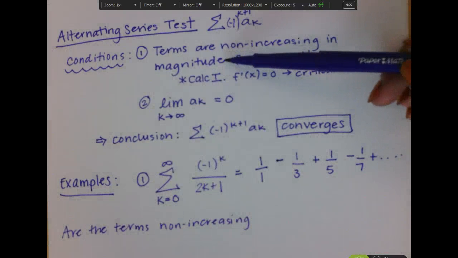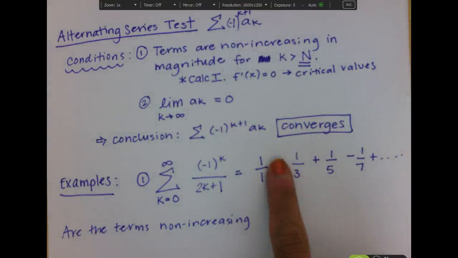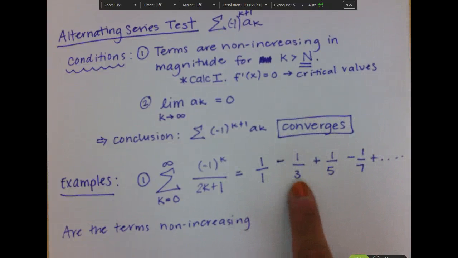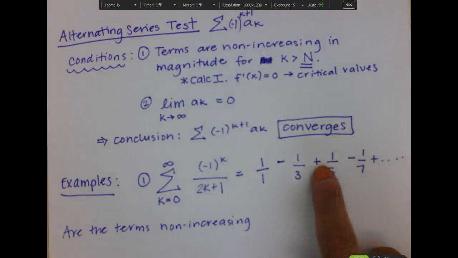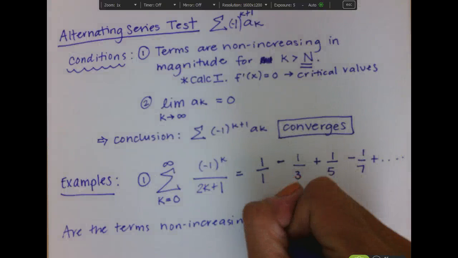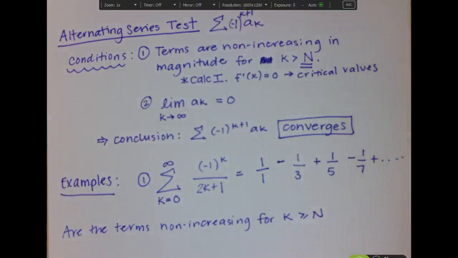The magnitude piece here just refers to the absolute value of each term. So in other words, we're not talking about whether this is positive or negative in terms of bigger or smaller than one term and another. We're just looking at the magnitude, so the actual fraction or value itself regardless of the sign in front of it. So are the terms, the magnitude of the terms, increasing for some k value greater than or equal to n?